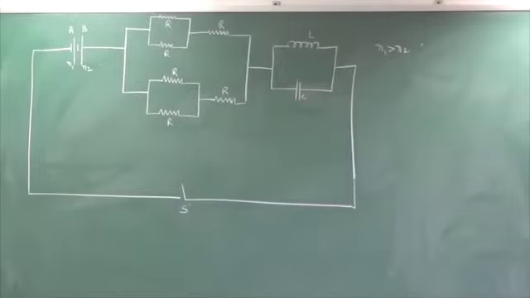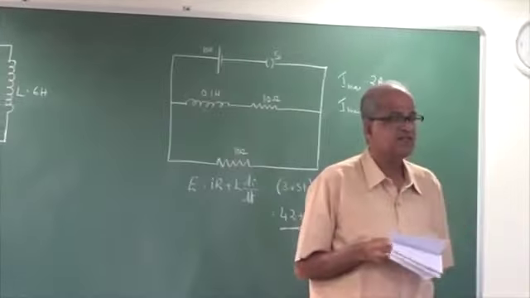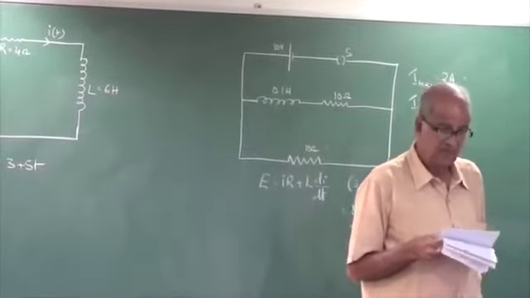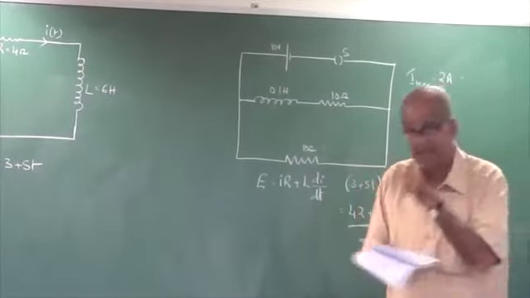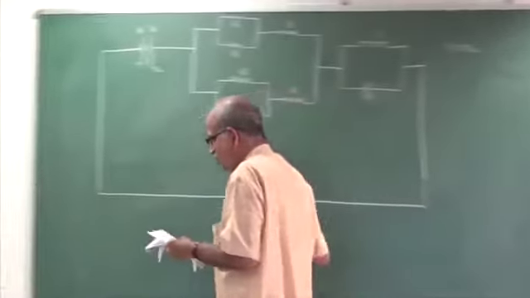Find the value of capital R such that the PD across the terminals of the cell A is 0 a long time after the key S is closed.